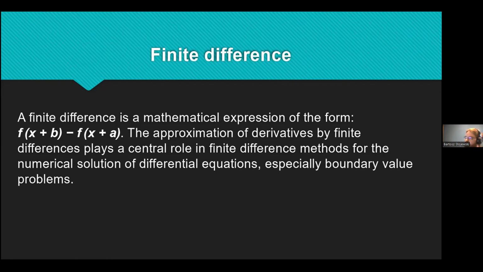In numerical analysis, finite differences are widely used for approximating derivatives, and the term finite difference is often used as an abbreviation of finite difference approximation of derivatives. Three basic types are commonly considered: forward, backward, and central finite differences.